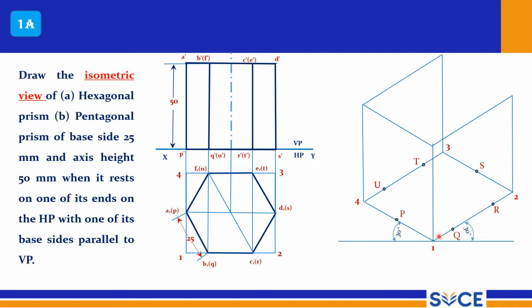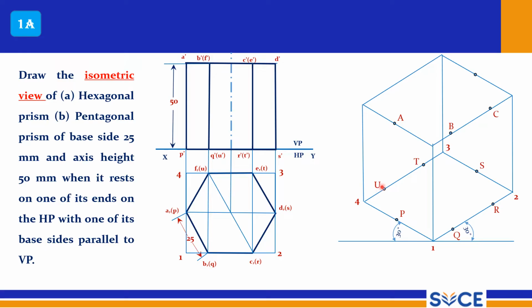Now I have to get the top face. The given height is 50 mm. From this corner I have taken 50 mm, and you can do that from each and every corner. Now if you join these 4 corners, you will get the top rectangle. This is the top iso rectangle, and from each point you can project onto this rectangle.